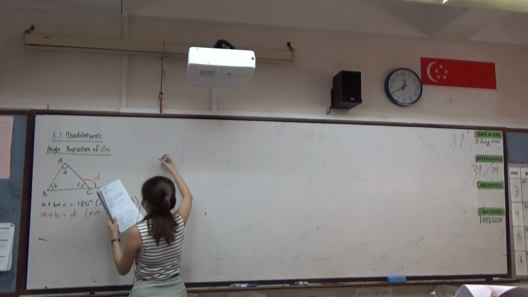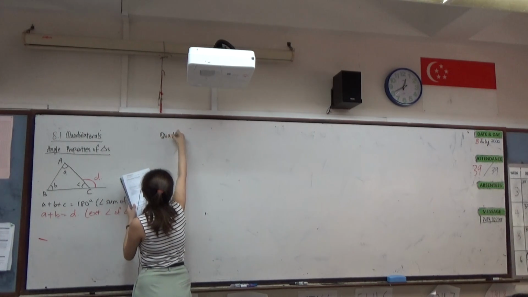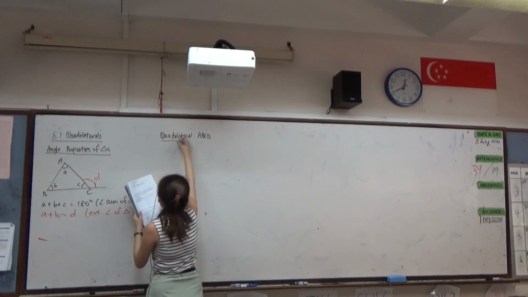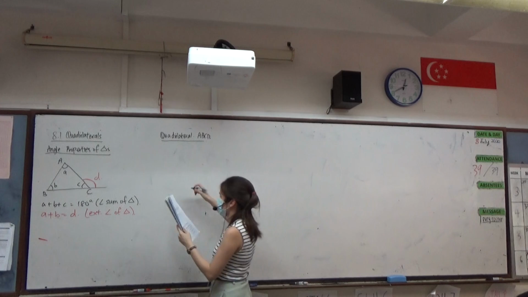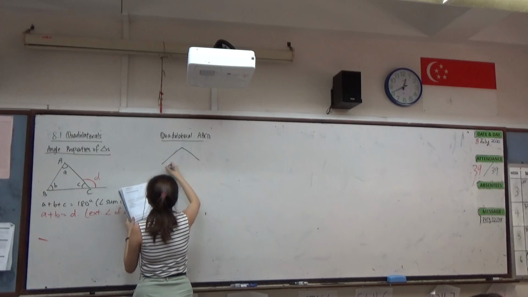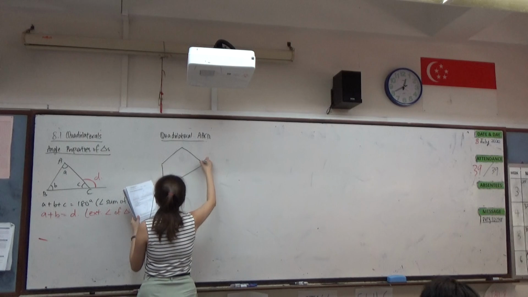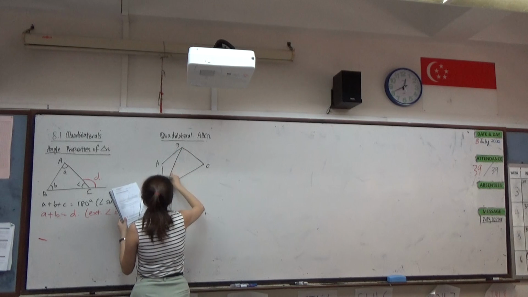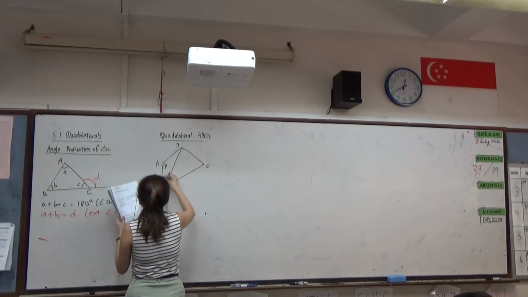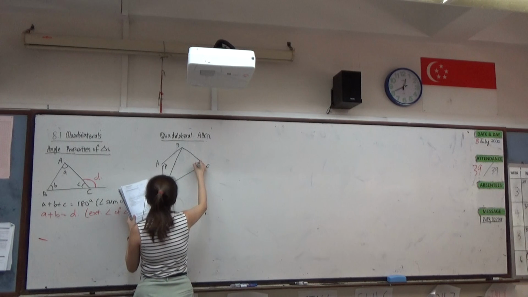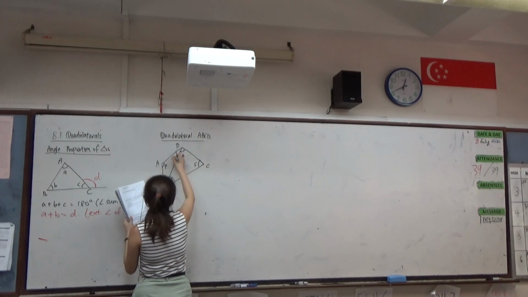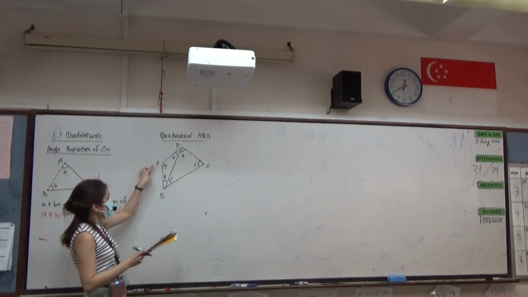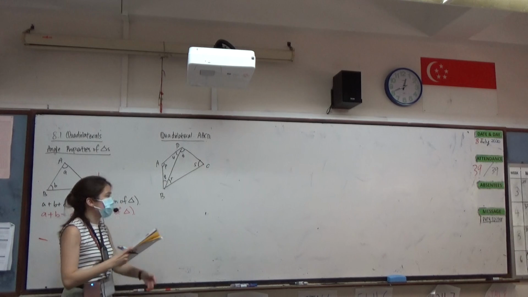Next, when we look at quadrilateral, a quadrilateral essentially is a four-sided figure. We have in this case A, B, C, D. The corners over here are what we call vertices.